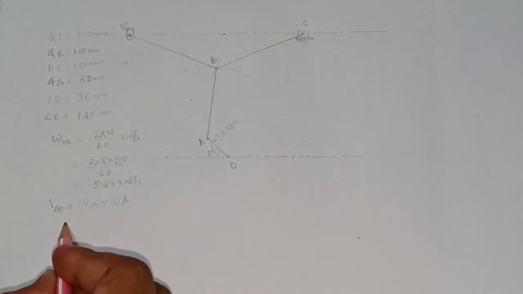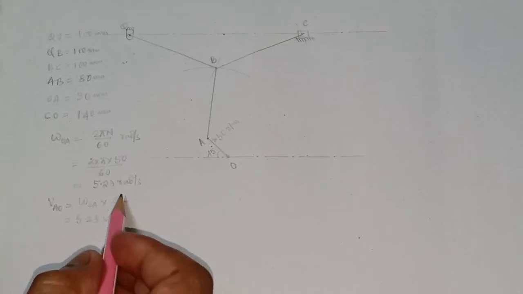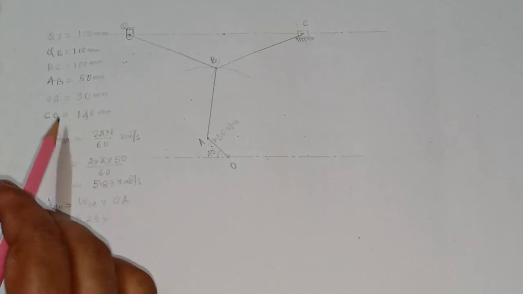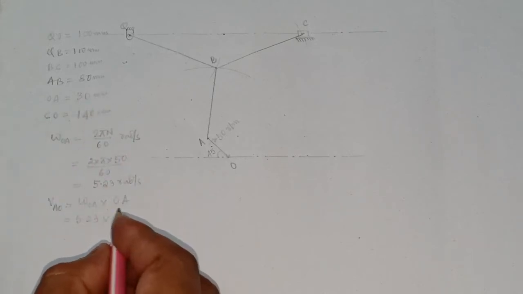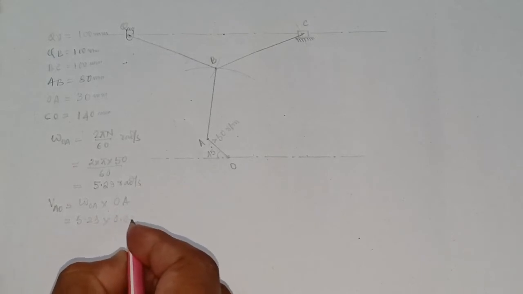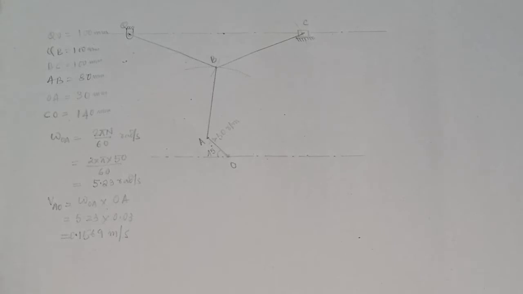Now 5.23 multiplied by the original value of crank OA. OA is 30 mm, which we express in meters, so 0.03 meter. So 5.23 multiplied by 0.03 gives 0.1569 meter per second. Now the linear velocity of the crank has come out.